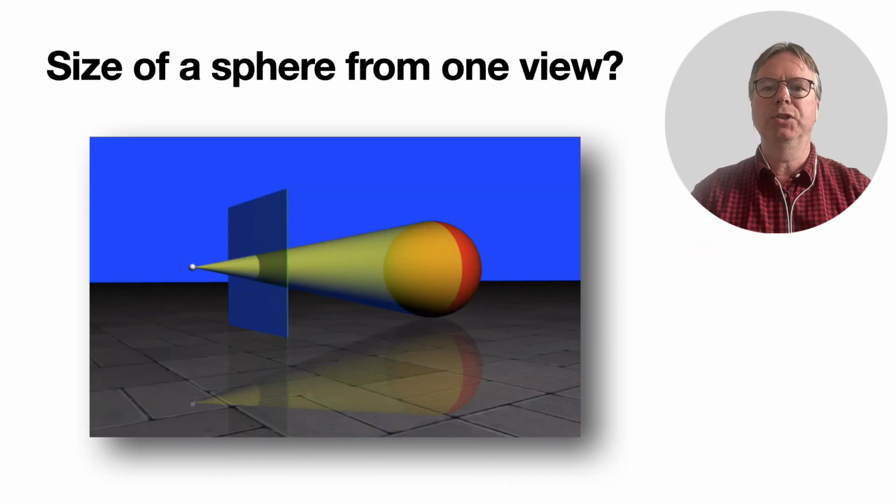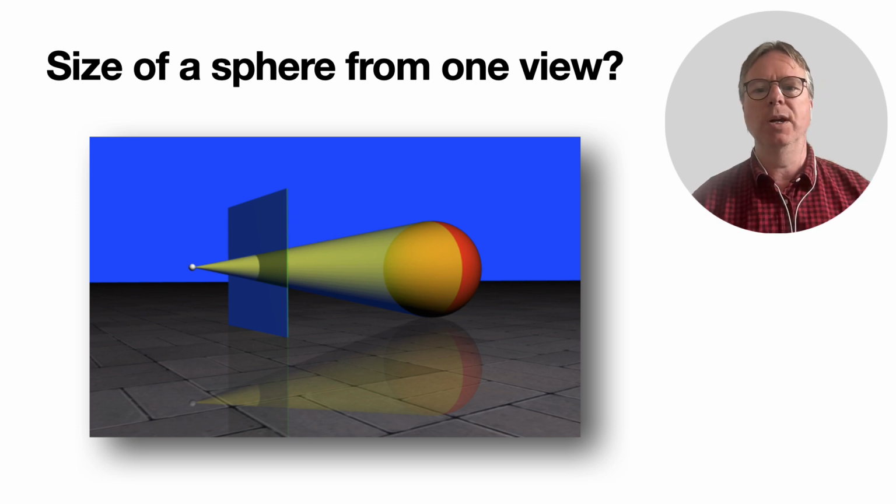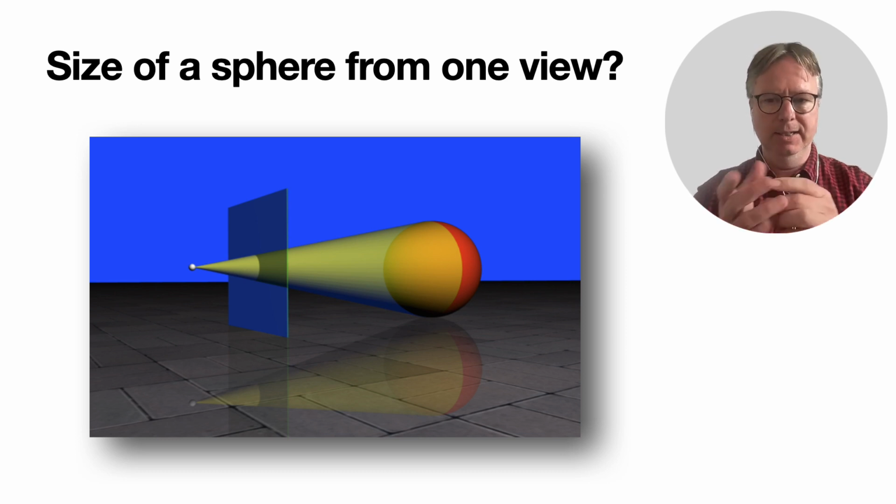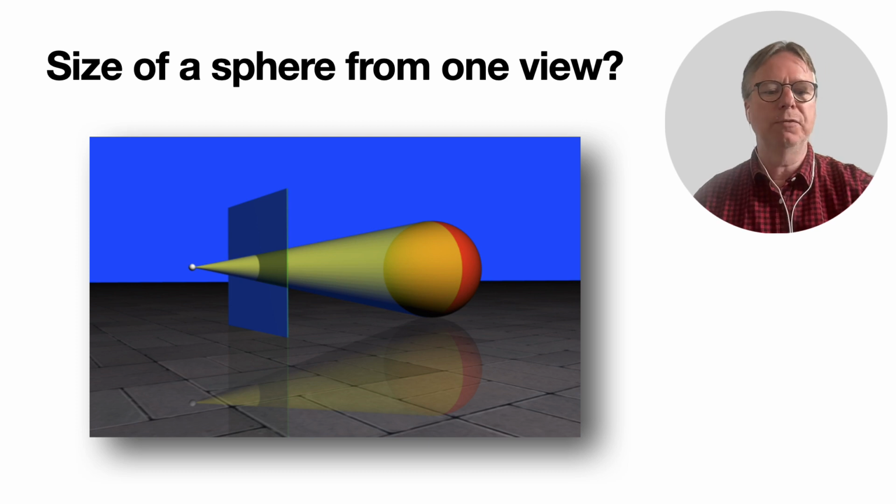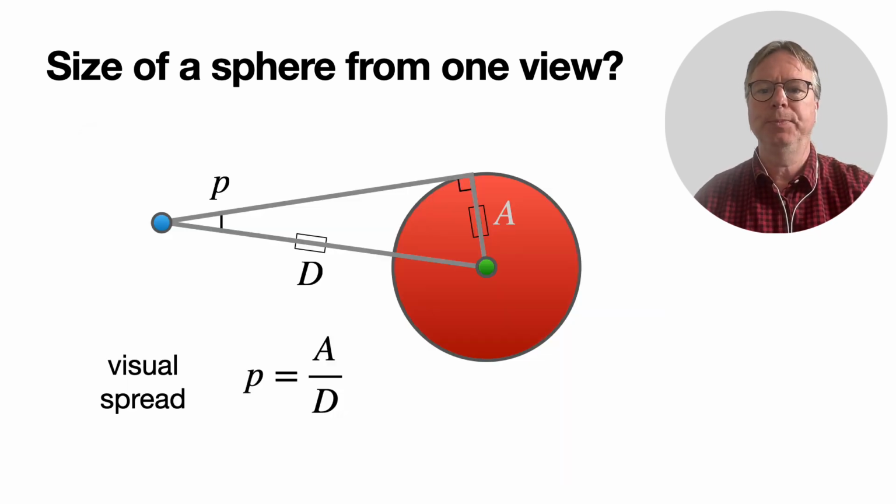So if we have a sphere, and a red one, and it projects onto an image plane, then the question is, can we get the size from the photograph? There is, in this case, a round projection on the image plane, and do we know enough to get the size of the sphere?